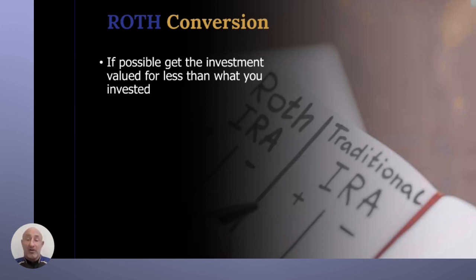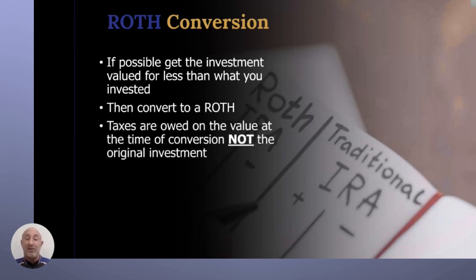So if you're going to convert to a Roth, whether you can or can't contribute, and you want to convert part or all of your retirement plan, you need to think about a few things. Number one, remember, you only owe taxes on the value. So if possible, get the investment valued for less than what you invested, then convert it to a Roth.